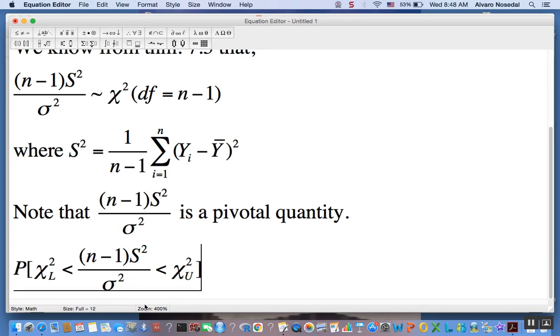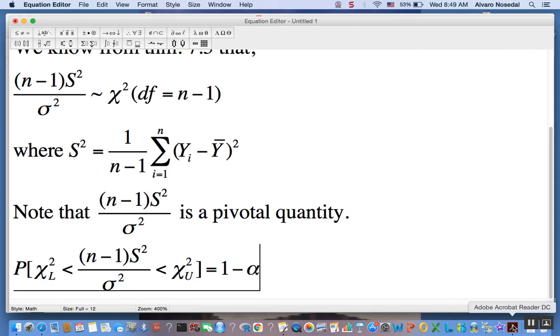We would like to find these two numbers that satisfy the following restriction, if you will, right? We want them to satisfy this property that between these two numbers we have a probability of 1 minus alpha, right? We want to have that confidence level, we call it, right?